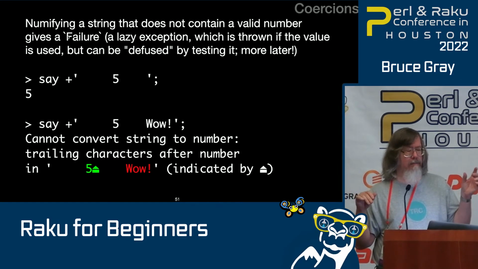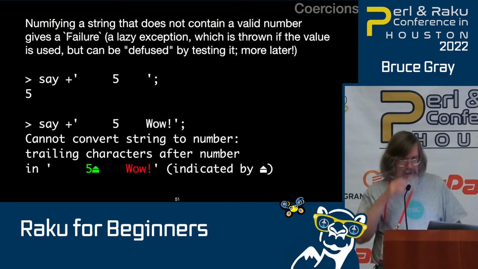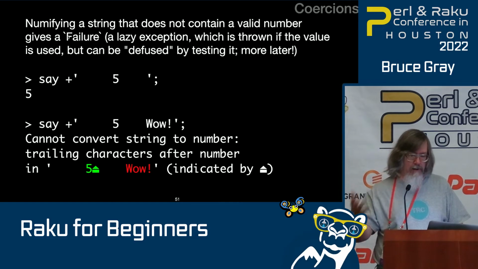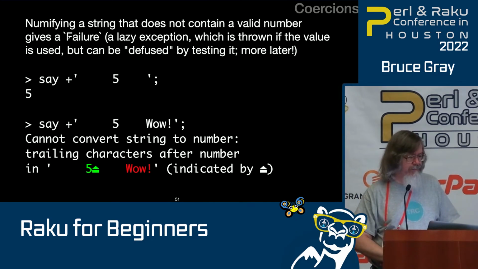It doesn't immediately die. The failure object goes into the variable, and then when you use the variable, it signals the error to you, which may be too subtle for beginners, but it's useful sometimes behind the scenes in constructing how you want your class or your module to communicate with the user.